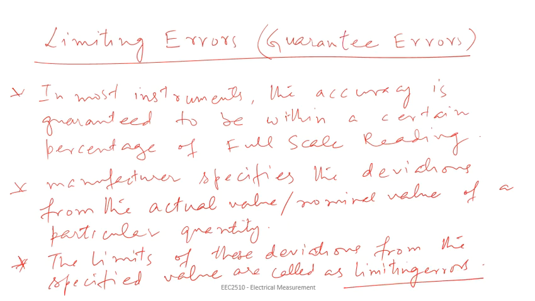So let us take an example. For example, the nominal magnitude of a resistor is 100 ohm with a limiting error of plus minus 10 ohm. Actually the manufacturer will supply this.